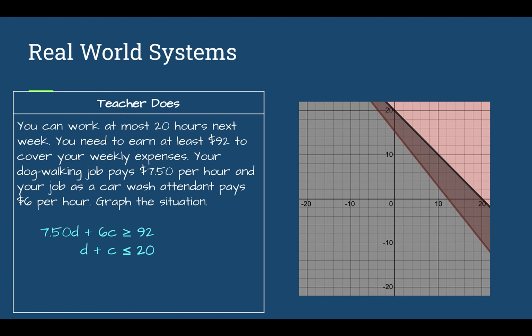Here, it would be impossible to have negative hours, so we would really only look for solutions that are in that pink outlined area. Those are where both values are positive. If we go any more to the left or any more down, we're starting to get into negative hours, which can't exist. So just be careful that you are choosing values that will work for the situation.